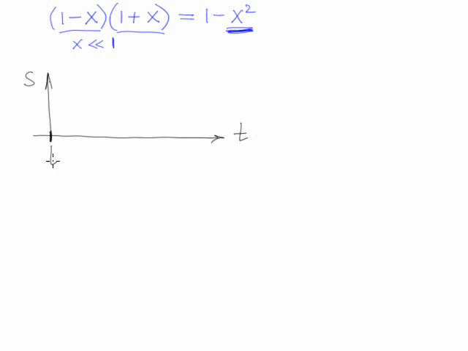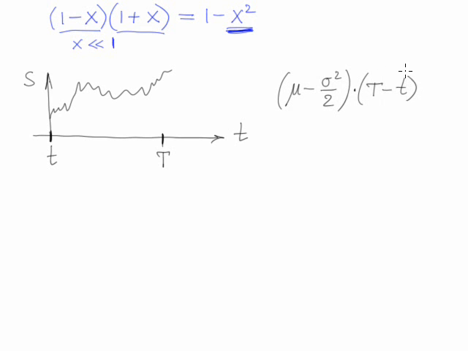This is small t, large t, and the stock price follows geometric Brownian motion, and so it has a mean of mu minus sigma square divided by 2 times large t minus small t, and a standard deviation of sigma times the square root of t minus t.